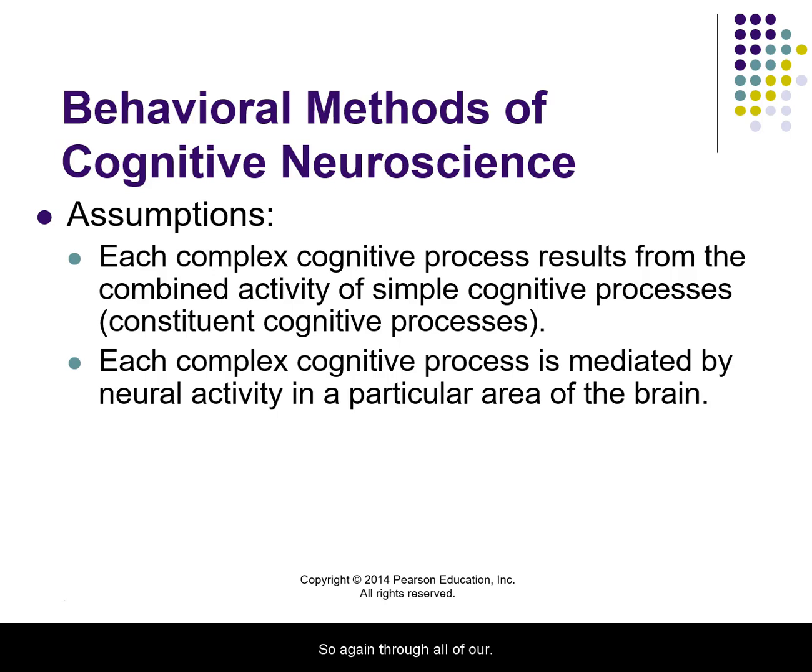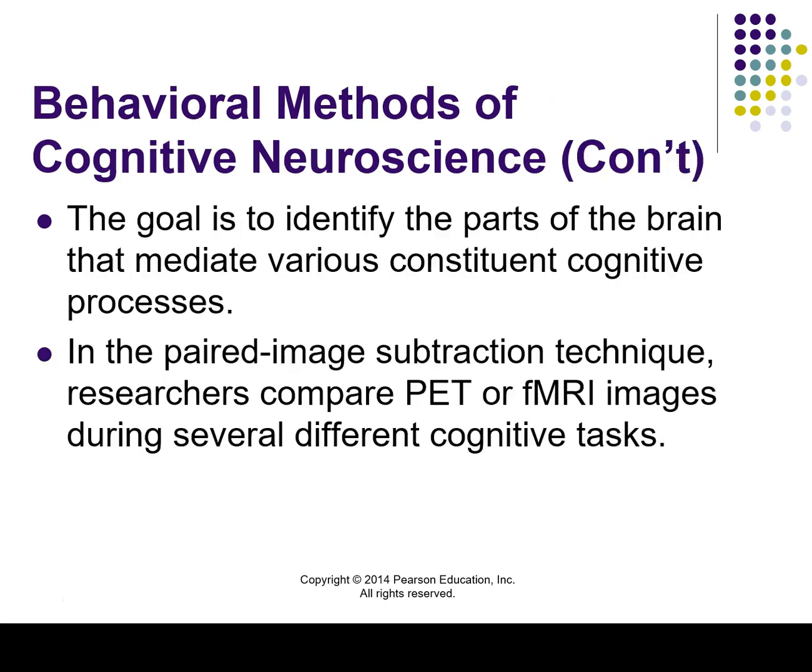So again, through all of our more advanced brain scans and so on, we're able to see the inner workings of the brain and how it is responding to learning or to the environment in some way. Okay, the goal is to identify the parts of the brain that mediate various constituent cognitive processes, and oftentimes can be paired with PET scans and functional MRI images, okay, during the cognitive tasks.